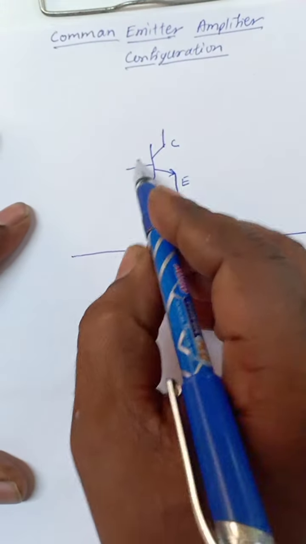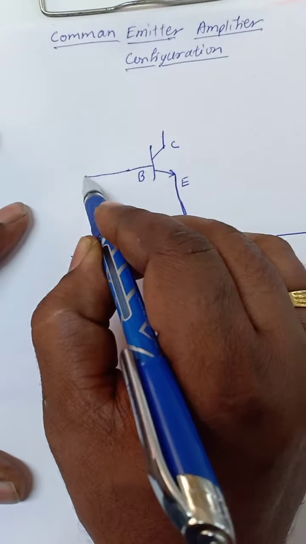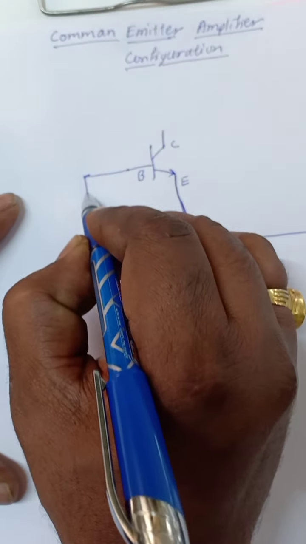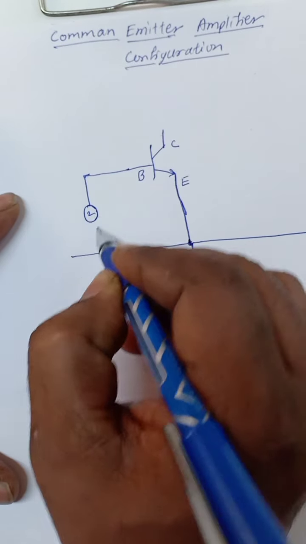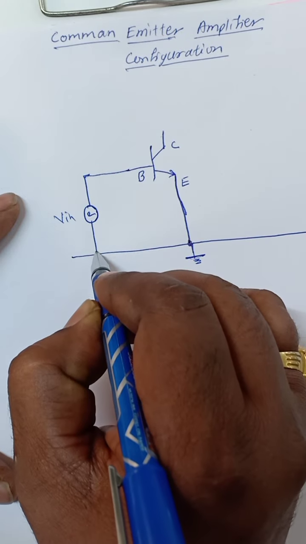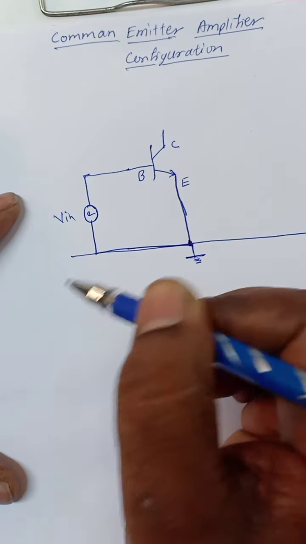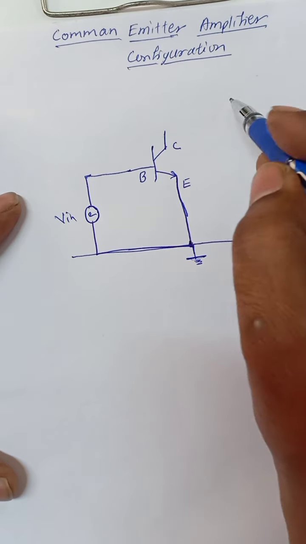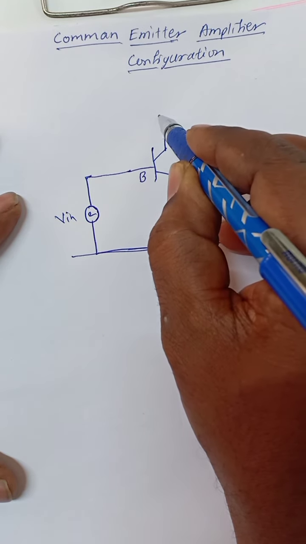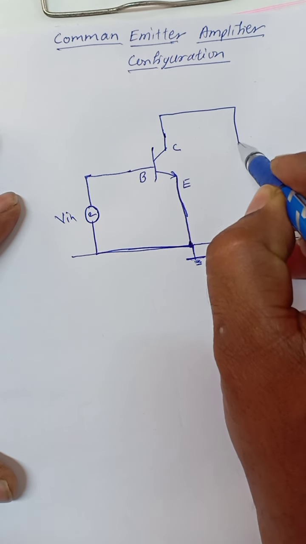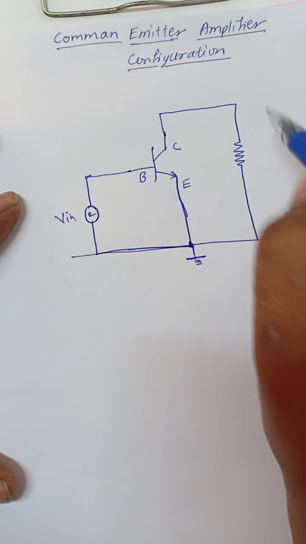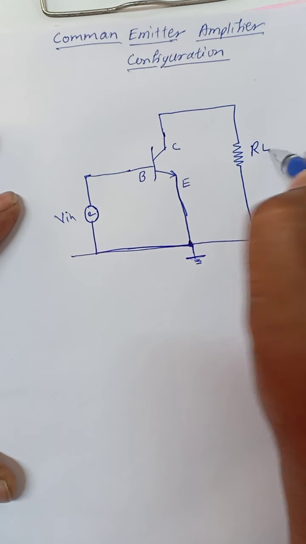Input is applied between base and emitter. Output is observed between collector and emitter by connecting load resistance RL.